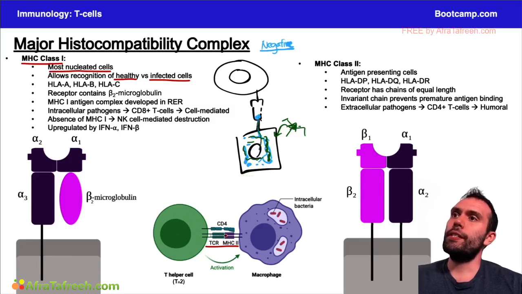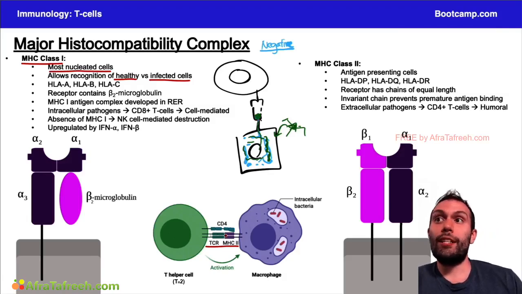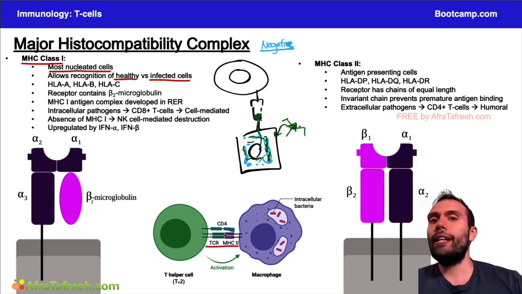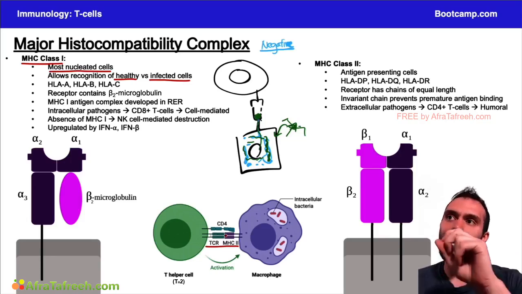And so now when this T cell's jumping around here, checking out all the cells, it's going to see, hey, look, there's an antigen presented here that isn't supposed to be here. It's going to bind to this antigen because it's a foreign antigen. It's going to be the right antigen to match that specific T cell receptor.